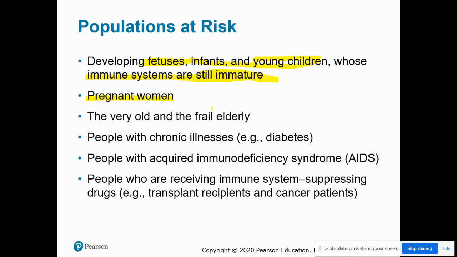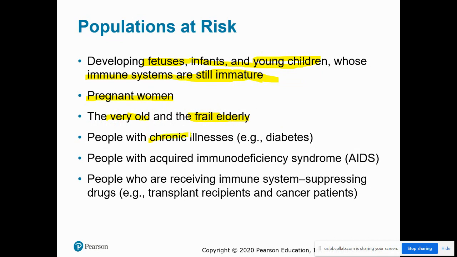And then certainly as we age too, we've already talked a little bit in different contexts about how the body really slows down as we age. And so one of those slowdowns is also the immune system. So as we get very old, and especially anybody who's old and potentially hasn't been well anyways already, they would be at a higher risk.